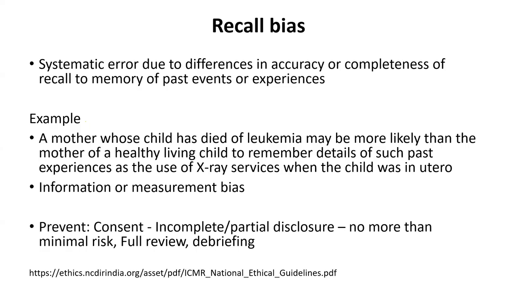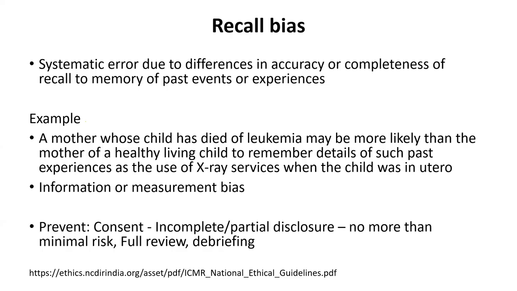A classical example which is usually given with recall bias is a mother whose child has died from leukemia. You are asking her about details of her antenatal care, including exposure to X-rays. A mother who has had this experience of losing a child will remember the details of the past experiences in greater depth as compared to a mother who has not had such an experience.